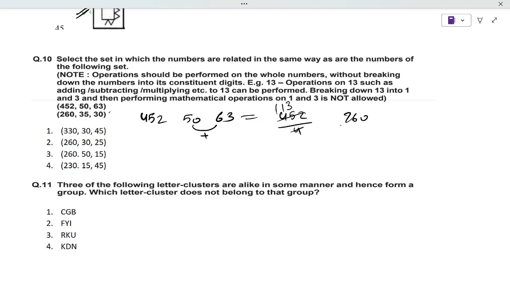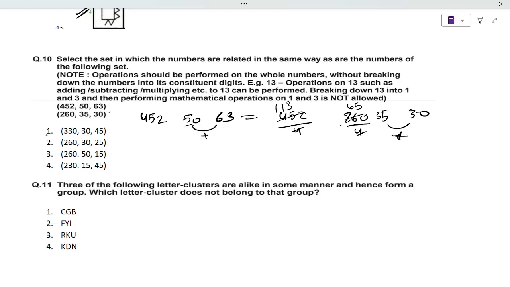We have 260, we have 35, we have 30. If we divide by 4, 4 6s are 24, and 4 5s are 20, that means if we add these two, 35 plus 30, we're getting 65. So all the big numbers must be divisible by 4, right? So we can omit some options.